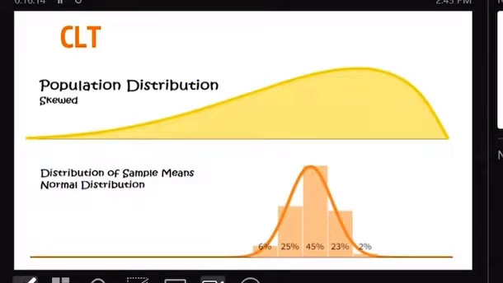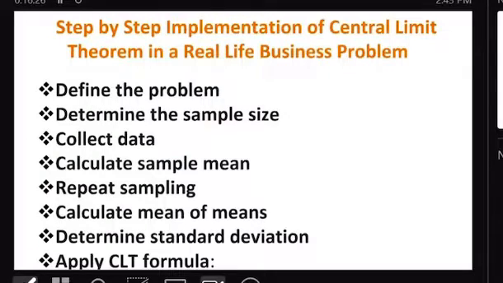In the last class, I think I walked you through the theoretical development of the central limit theorem. Now I want to go into applications of the central limit theorem. This is going to be a step-by-step implementation of the central limit theorem in the real world.